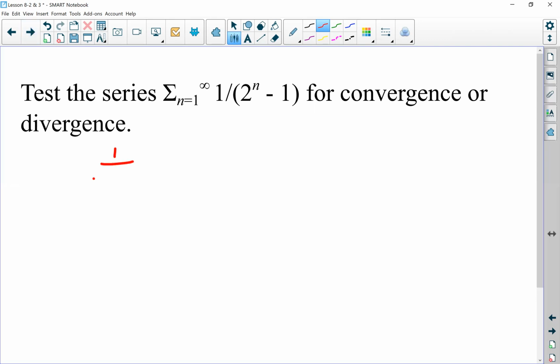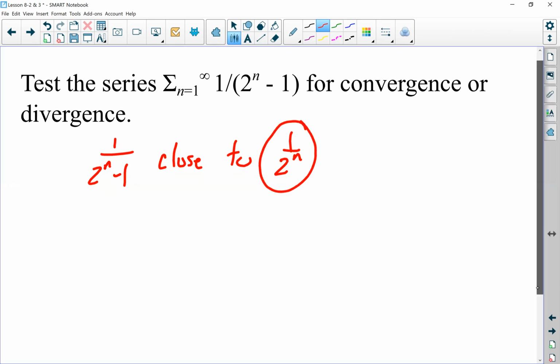So 1 over 2 to the n minus 1 is very similar to 1 over 2 to the n. 1 over 2 to the n is a geometric series with r being 1/2 and a being 1/2. So this is a convergent series, the 1 over 2 to the n.